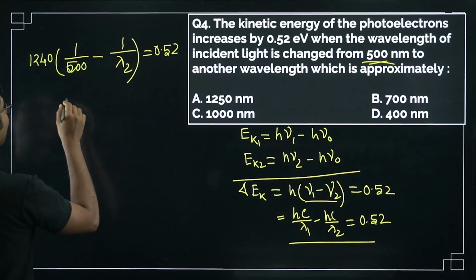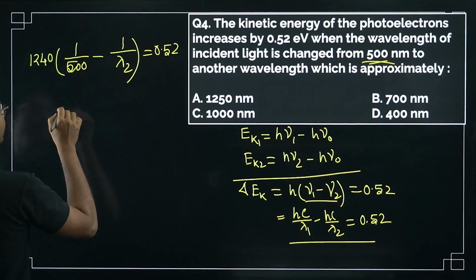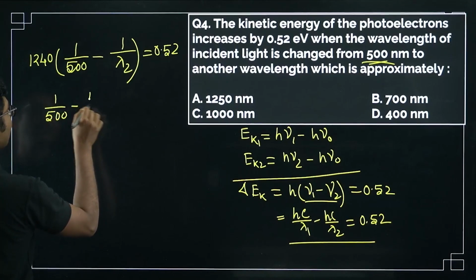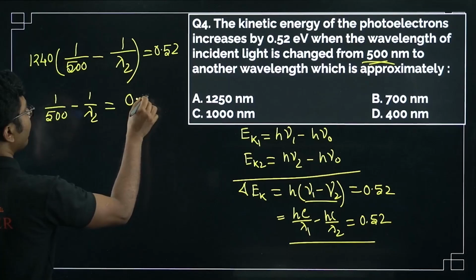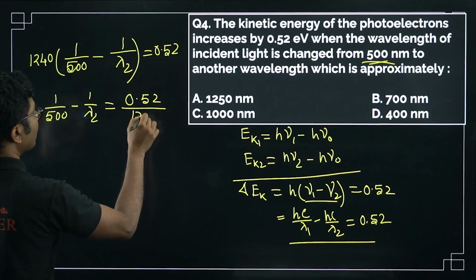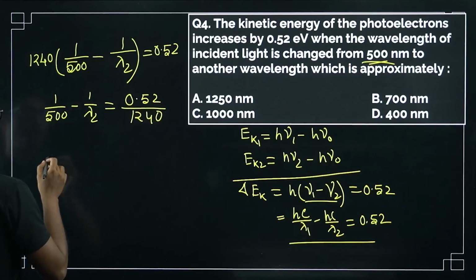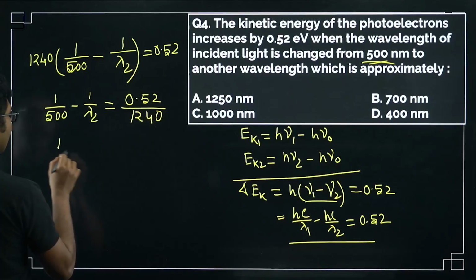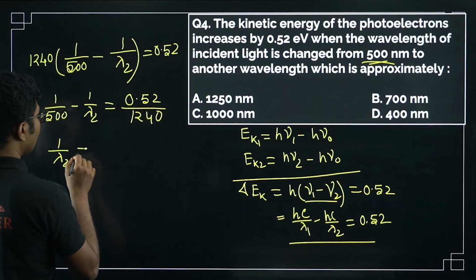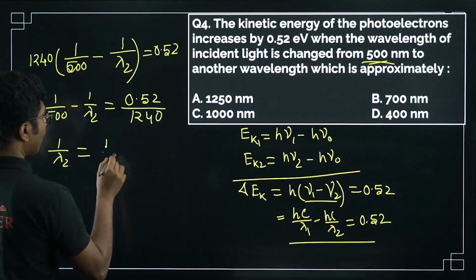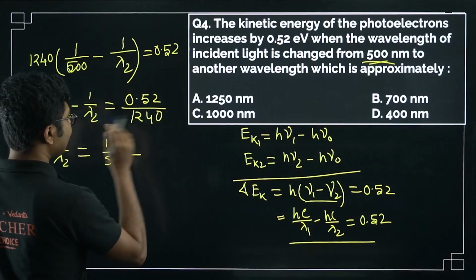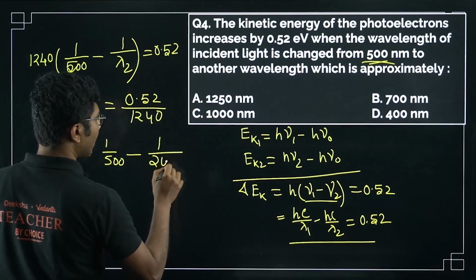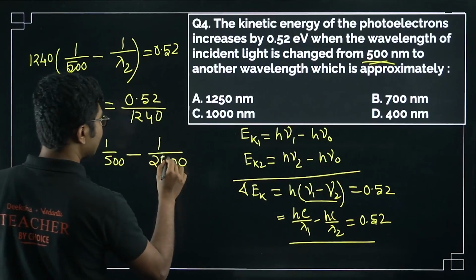Okay, so let's see what is the value. 1 by 500 minus 1 by lambda 2 equals 0.52 divided by 1240. Or 1 by lambda 2 equals 1 by 500 minus this, which will be 1 by 2400 approximately, or say 2500.